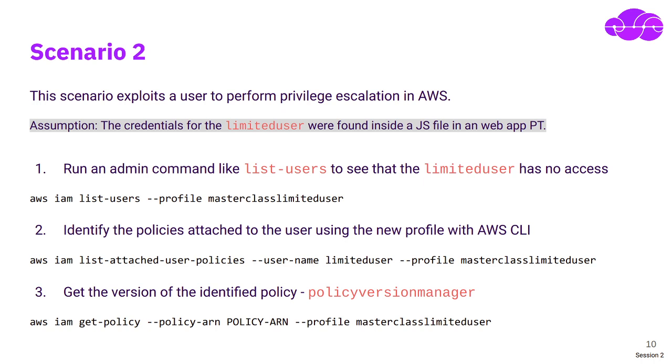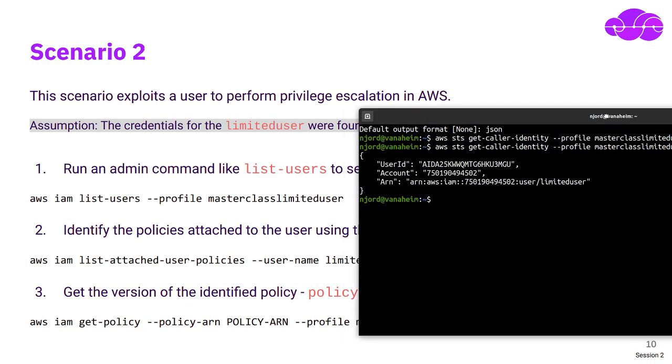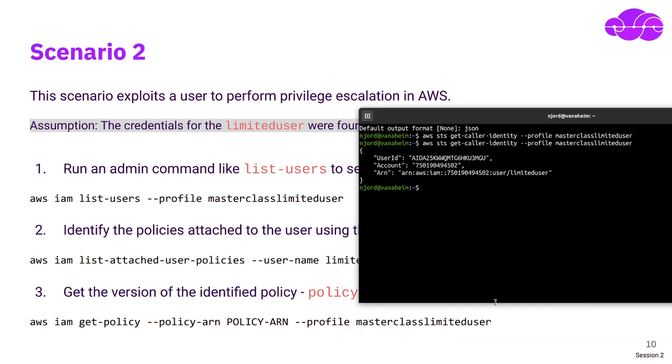All right, run an admin command like list users to see that the limited user has no access. Okay, can you folks do that? Run an admin command. aws iam list-users is administrative enough.